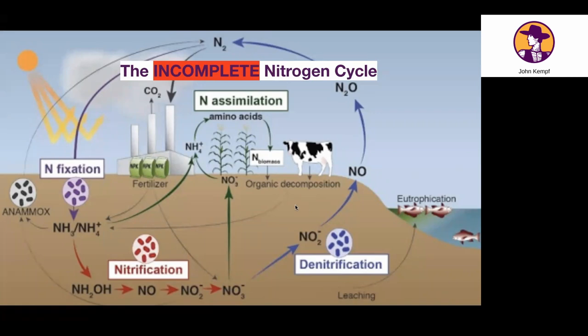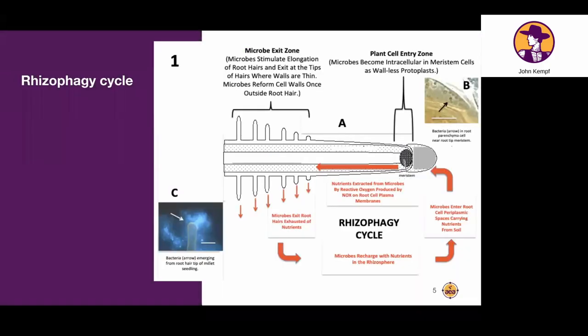So that's an important distinction that I want to make, that this nitrogen cycle, while quite thorough, is still missing the rhizophagy component. And by the way, that's also why when I talk about this book, Mineral Nutrition of Higher Plants, the rhizophagy cycle is also missing from this currently described understanding of plant absorption of nutrients.